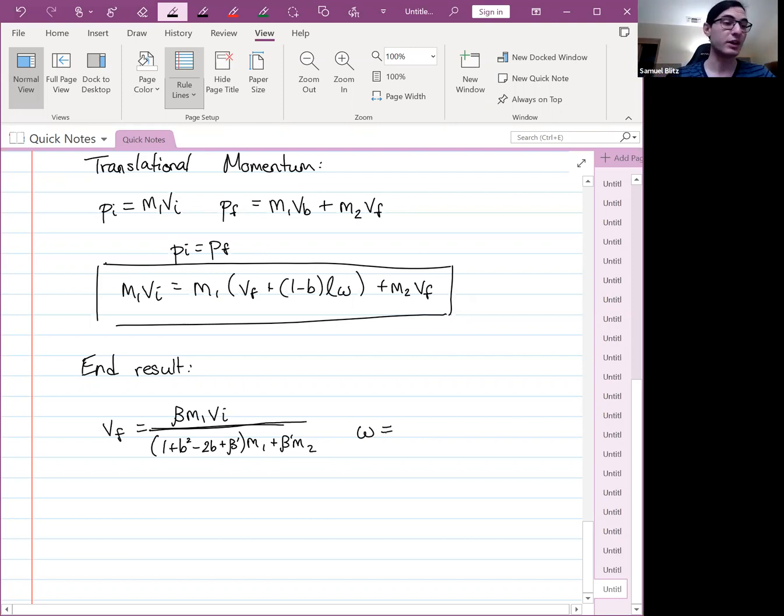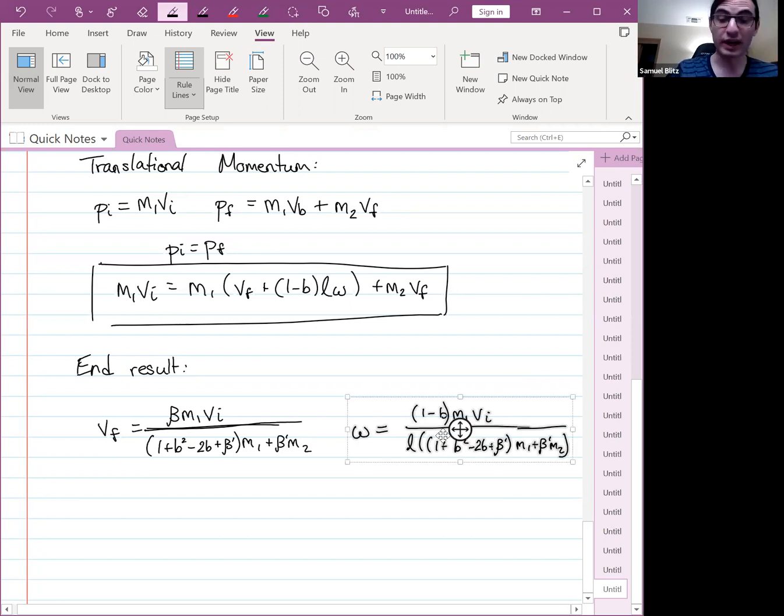The final angular speed is (1 minus b) times m1 vi divided by L times (1 plus b squared minus 2b plus beta prime m1 plus beta prime m2). So these are the answers that you get from doing the algebra.